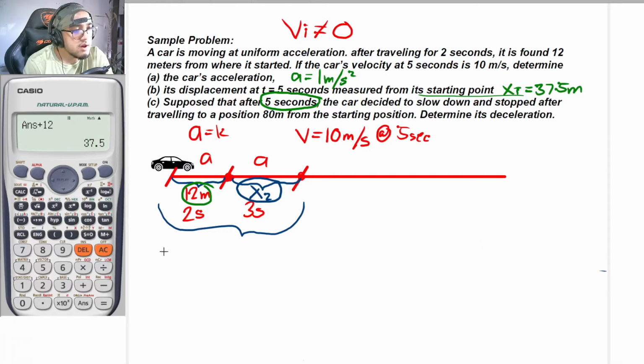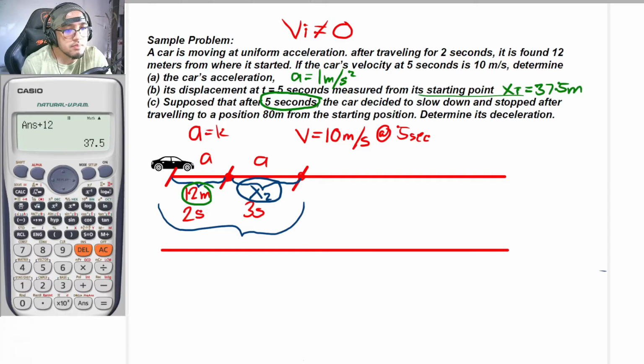Let's say that from the starting point up until this point is equal to 80 meters. From this point, after 5 seconds, the car decided to slow down. So with such, our acceleration is now different. It decided to stop at this particular point.